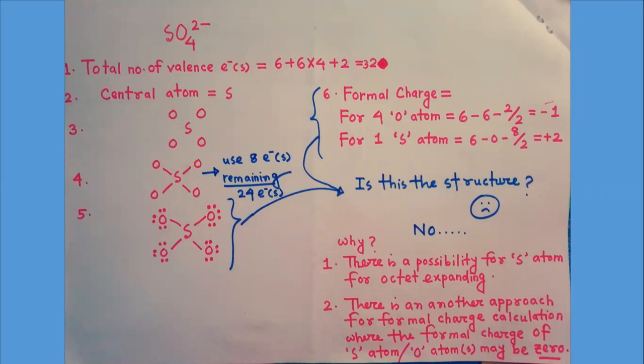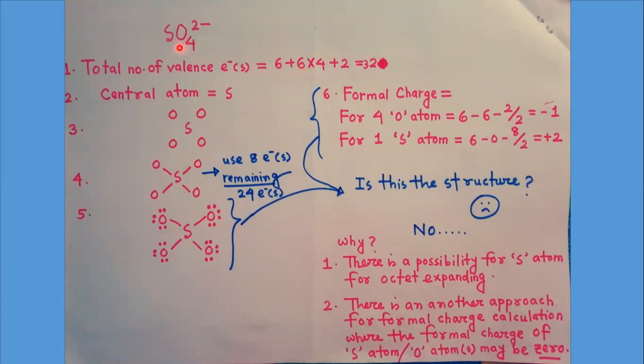Valence electrons are the outermost electrons in the atomic orbital. For sulfur atom, the number of valence electrons is 6. We can see here 6. Similarly, for oxygen atom, the number of valence electrons is 6.